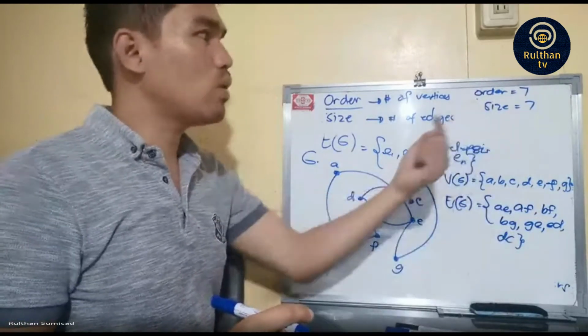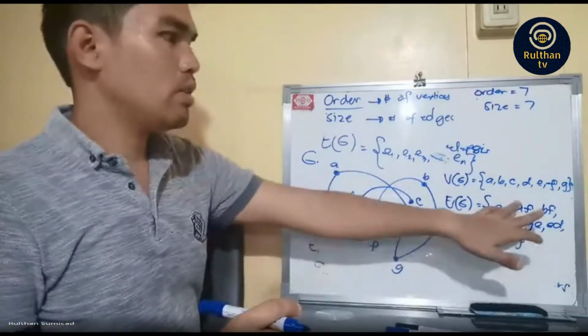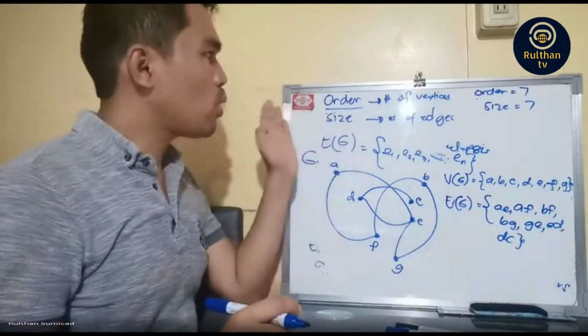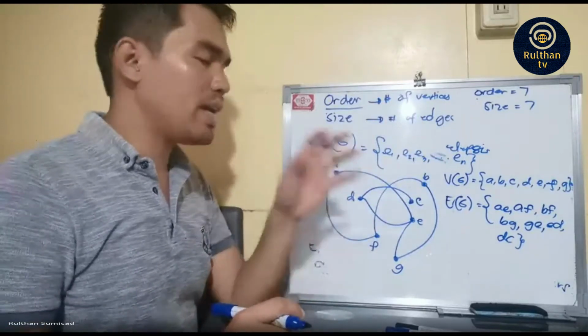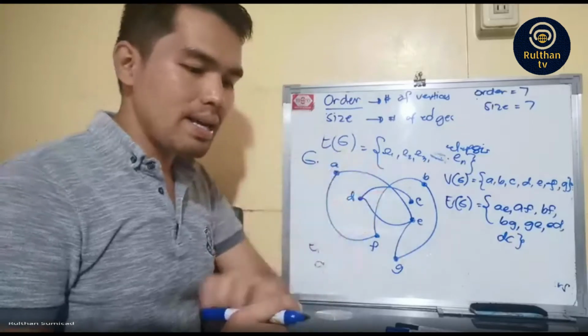That's why we say graph G is of order 7, size 7. Again, when you say order of the graph, that refers to the number of vertices in the graph, and the size of the graph is the number of edges.